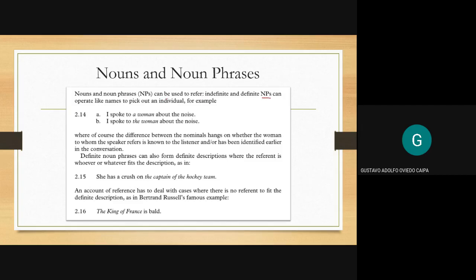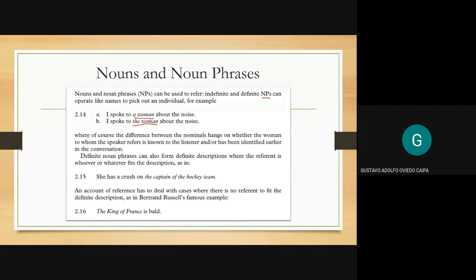This means noun phrases can operate like names to pick out an individual. For example, I spoke to a woman or the woman, right? These two expressions can be similar to names in the sense that they help you to identify entities in the world. That means they can be used to refer.